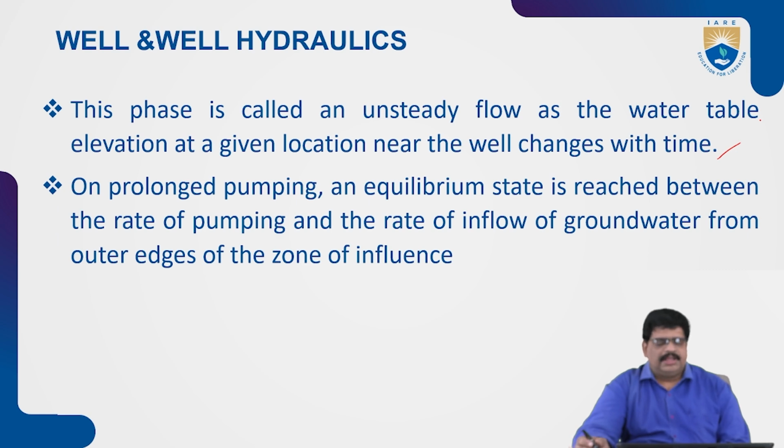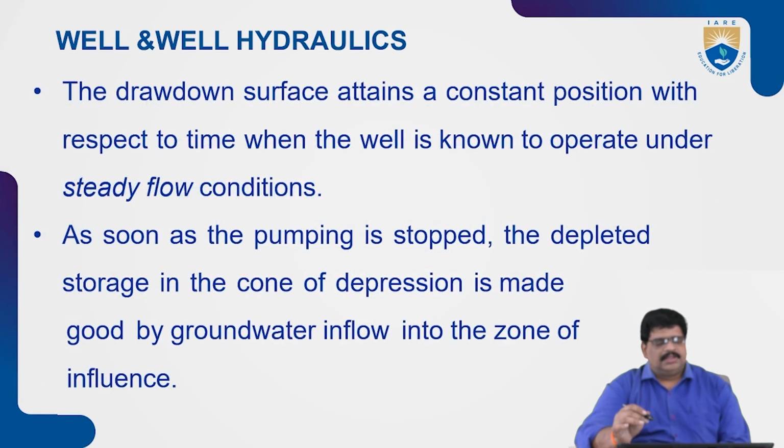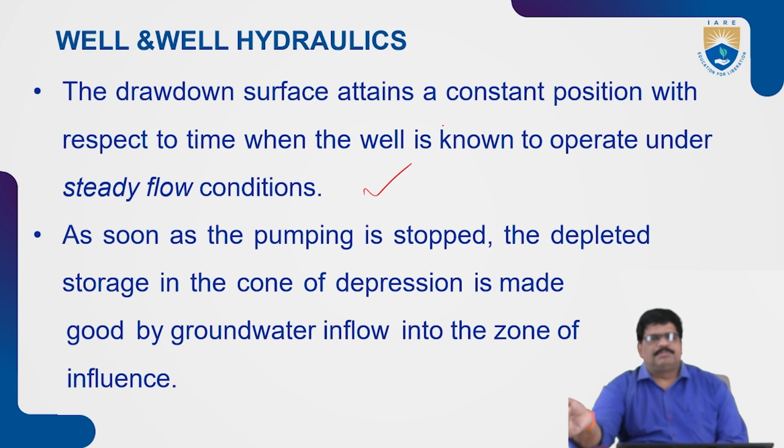On prolonged pumping, equilibrium is reached between the pumping rate and the influence of the groundwater edges of influence. The drawdown surface becomes constant, known as operating under steady flow conditions. As soon as the pumping is stopped, the storage in the cone of depression is replaced. Groundwater can be improved in the zone of influence.